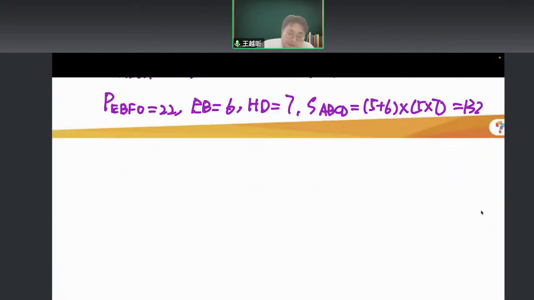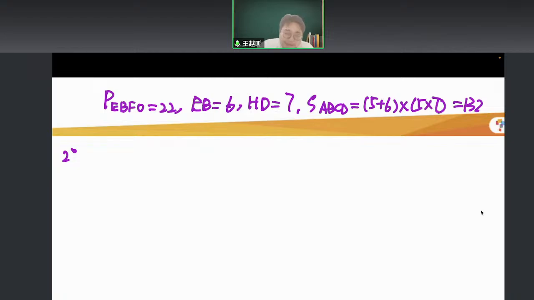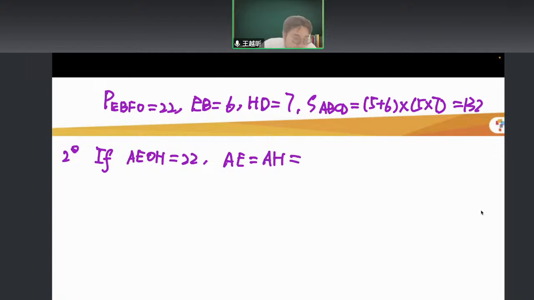So now let's look at another case. If P of AEOH equals to 22, we know AE should equal AH equals to 5.5, and P of OFCG equals to 24.